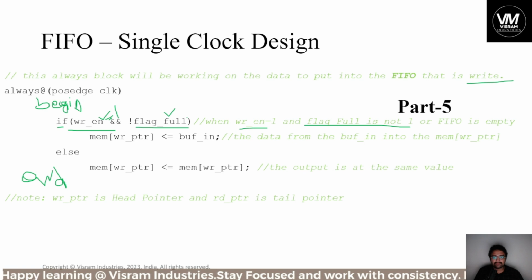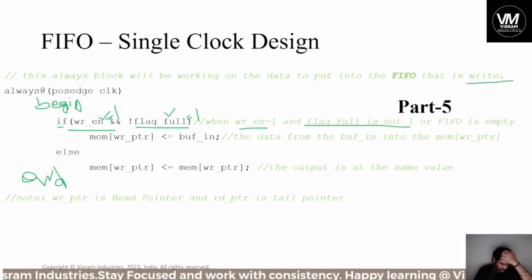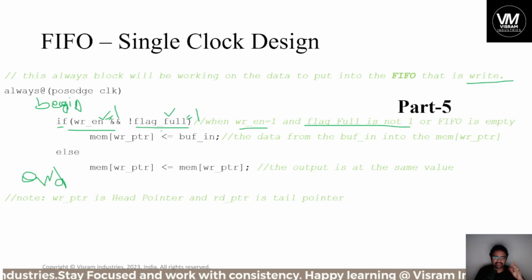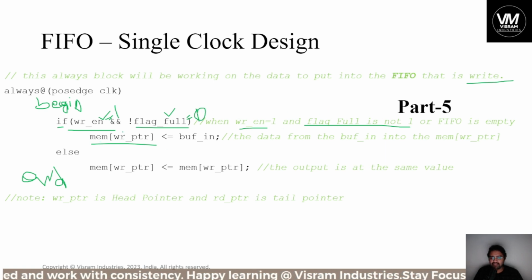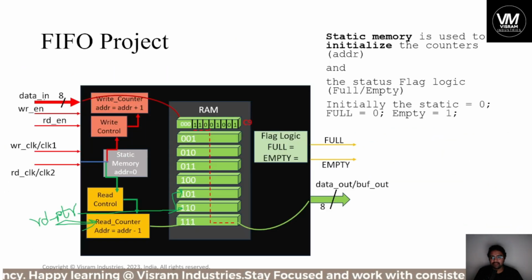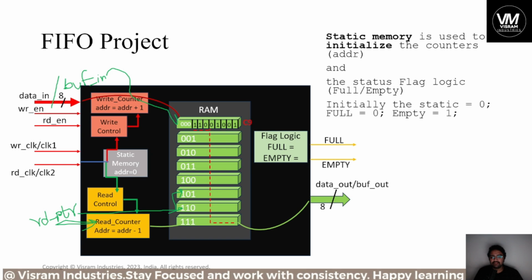Flag full is some other transition value, 0 or 1. So the memory write pointer, to which location the memory should be written, will be coming from buff in. So this is buff in. From that buff in it will go to the write pointer.